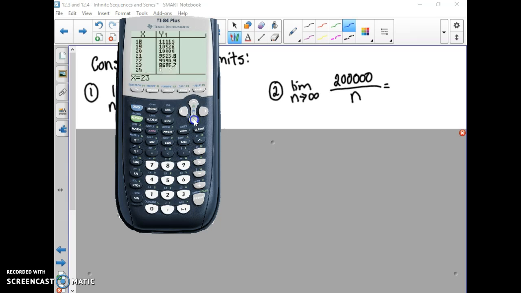We can see the value is decreasing, but this right here doesn't tell us much. I'm going to go to my table set, and let's start at 0. Let's change this amount that it goes up by to 1,000. So we can see a little bit better. There's an error at 0 because we can't divide by 0.